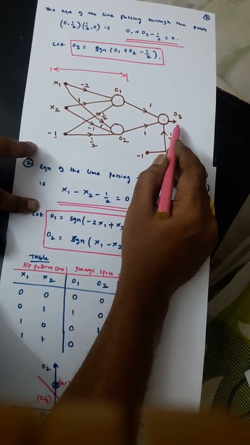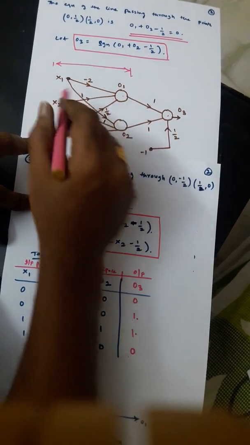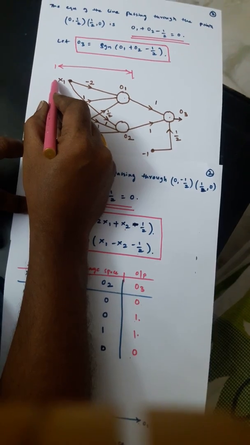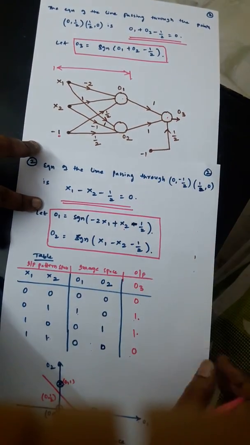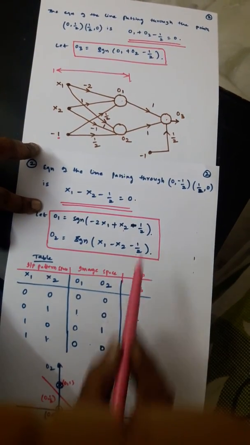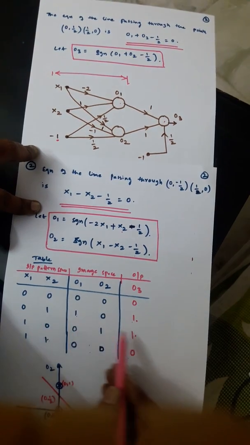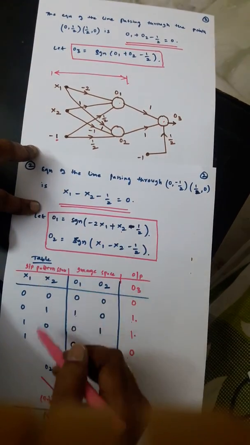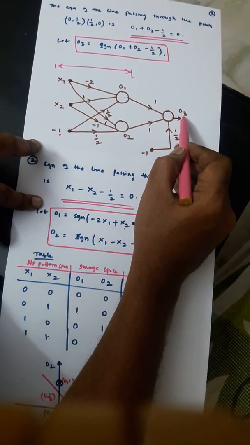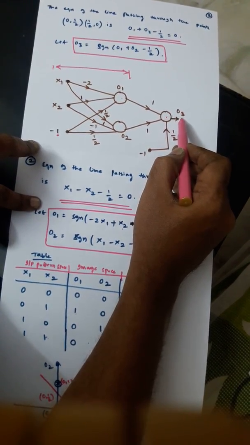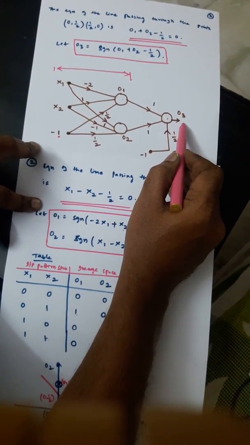When I apply the inputs 0 0, obviously the output as per the table will be 0. When I give the input as 0 1 or 1 0, the output will be 1. When I substitute the input as 1 1, the output will be 0.